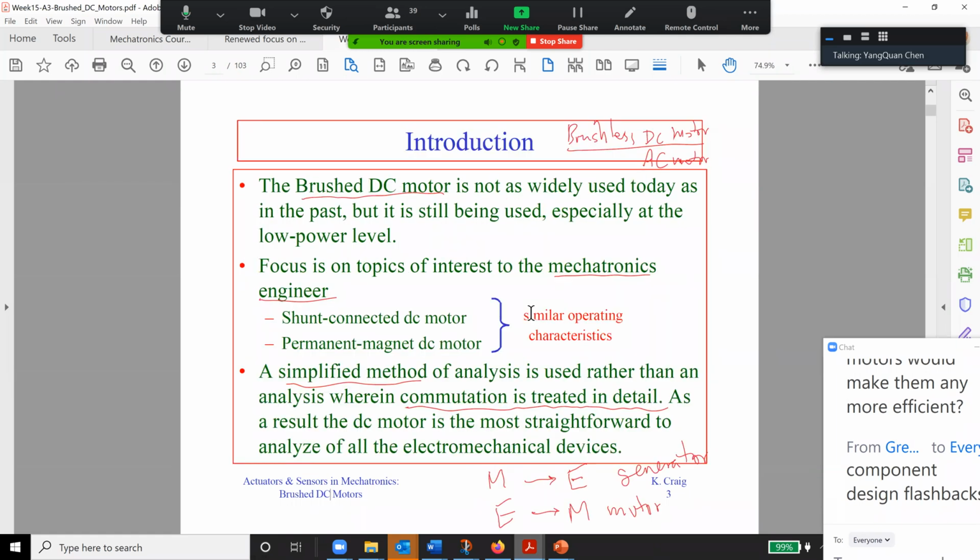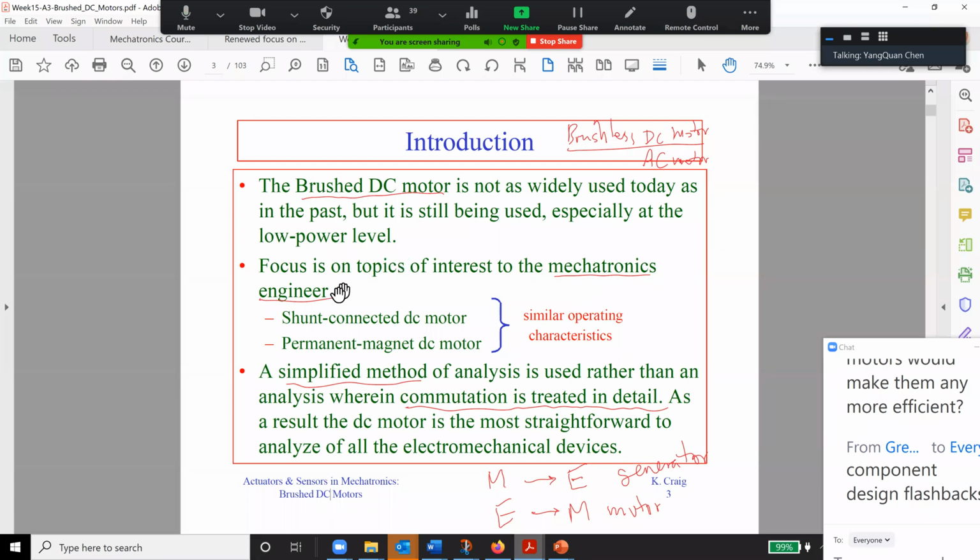So brushed, I already told you why we need a brush, okay? Because we need to do the commutation. It was widely used in the past, but not today, because the brushless DC motors are so widely used today. It's cheaper and easier.